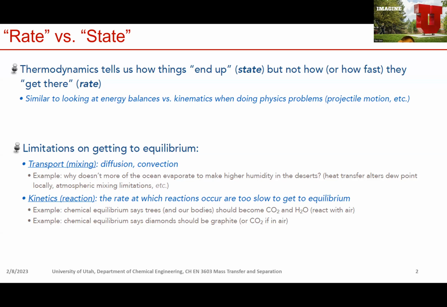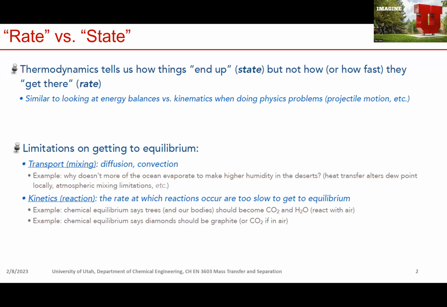Similarly, in our body, we have a lot of organic molecules, right? Glucose, DNAs, proteins. All these biomolecules actually contain a lot of energy. If you burn them in air, they will release a lot of energy. But we are still human. We don't become CO2 and water.